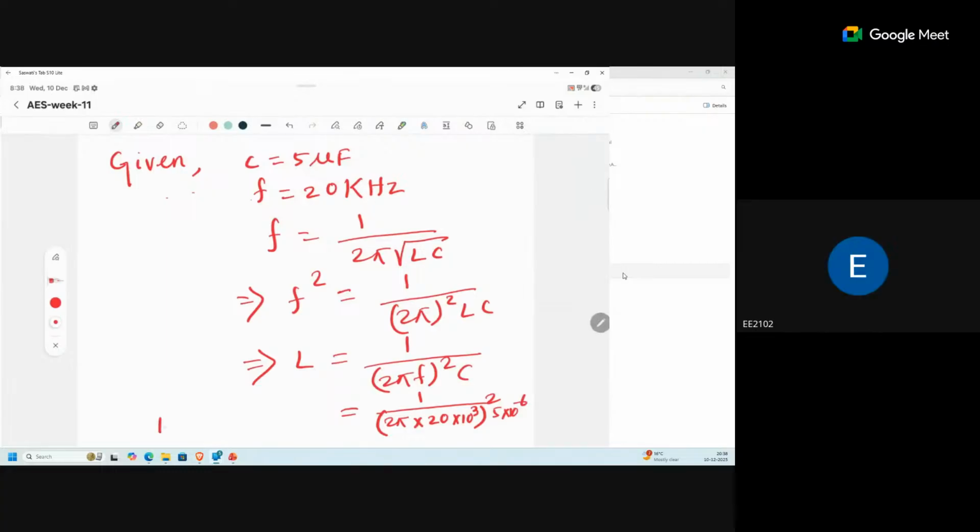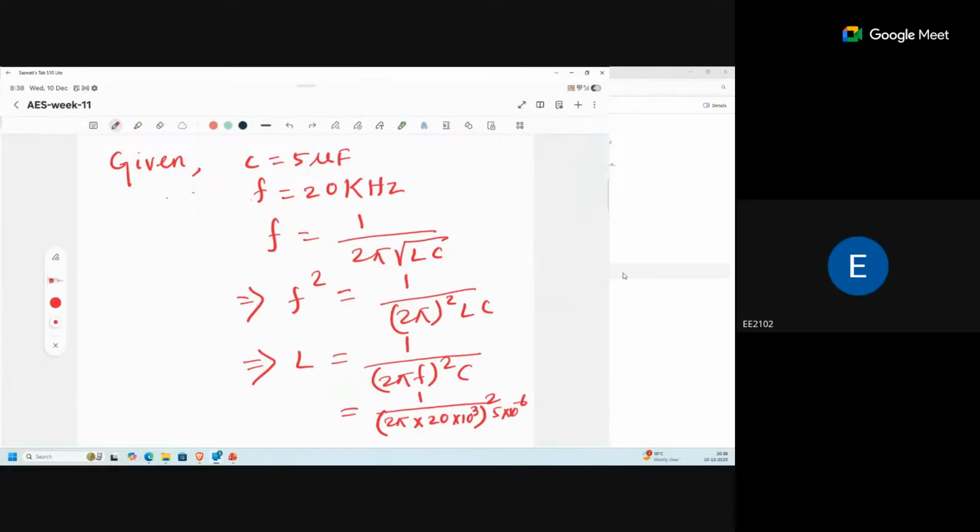Are you getting 1.26 into 10 to the power minus 5? How much are you getting? I think I am wrong in the calculation. You have to multiply 2 with pi with 20, so you'll get 125.66.